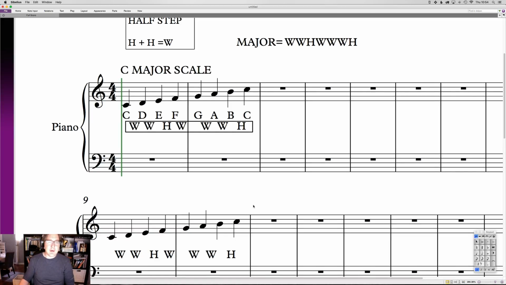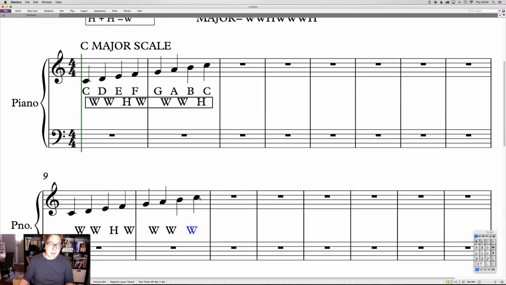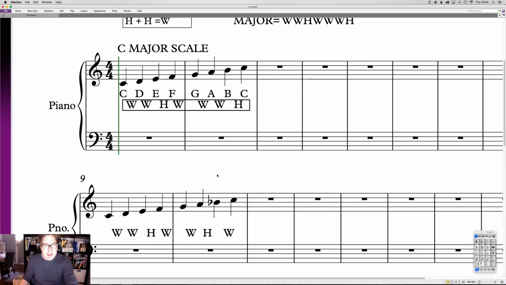Another good example would be Somewhere Over the Rainbow. If I were to put this B flat back in here and use this weird messed up not-C-major scale, instead of in C major, we get this weird thing where I've changed this.